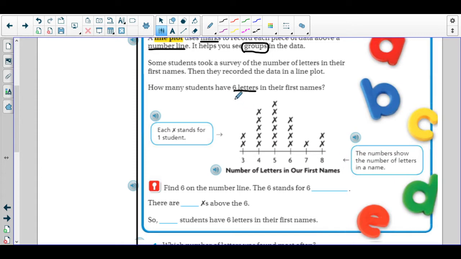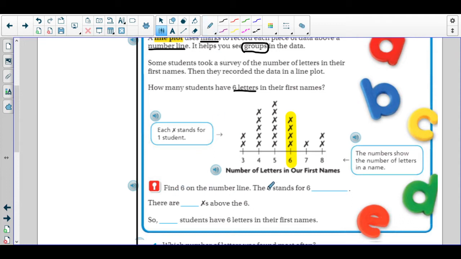And so we want to figure out how many students have 6 letters in their first name. Well, we're going to find 6 on the number line. It's right there. Here's 6.